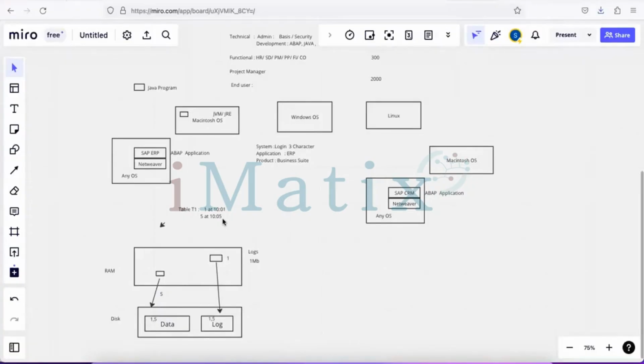Let's say, for example, at 10:01 we lose the HANA server to an abrupt power supply loss. The value that was entered: at 10 the value was nothing, T1 was empty, and it got this value from the log file. From the log it got value 1. In the data we have the table, but in the log we have the value 1.